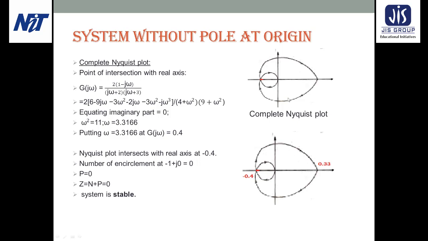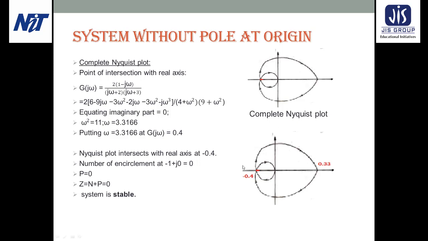Now this point is located on the left-hand side of the s-plane, and as we are using the mod sign, the value becomes positive here, but actually the point is located on the negative side, so it is minus 0.4.